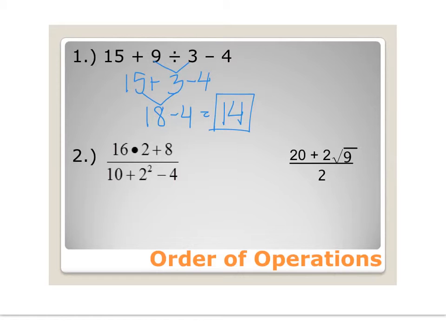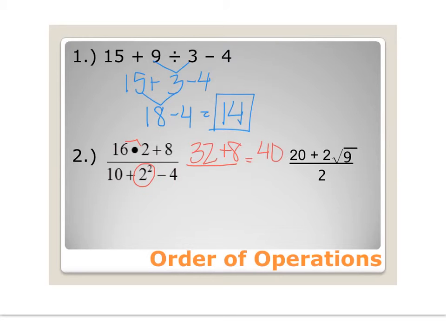Let's take a look at number 2. Refreshing your memory, remember this fraction bar is a grouping symbol. So I simplify everything on the top, everything on the bottom, and then we're going to divide. So as I look in the numerator, I'm first going to multiply, and we get 32 plus 8, which is 40. So I've simplified everything in the numerator. Let's work our way through the denominator.